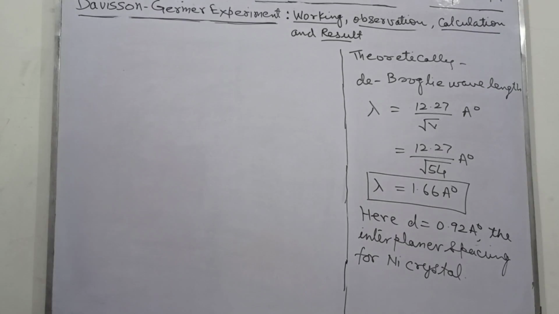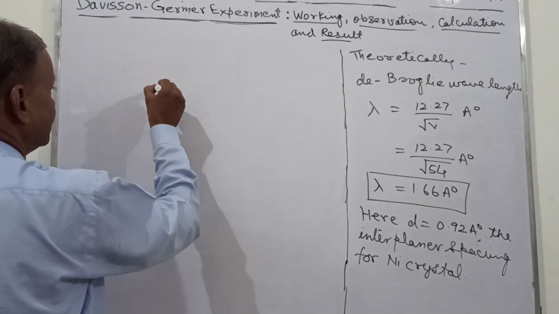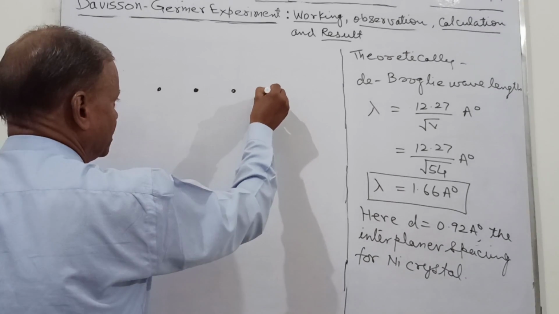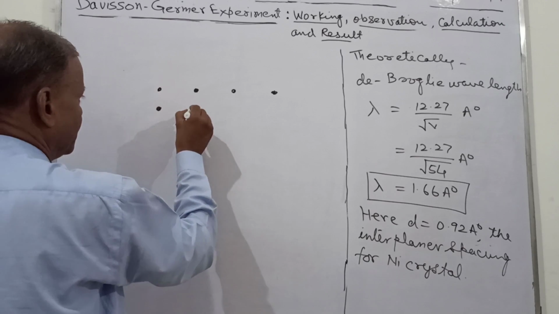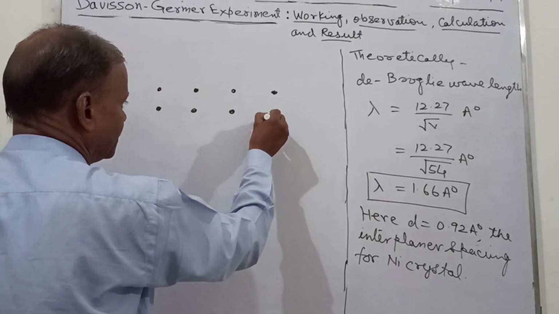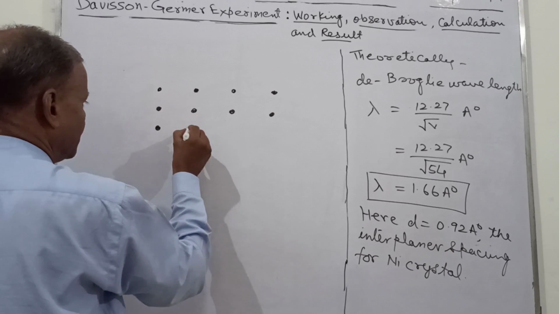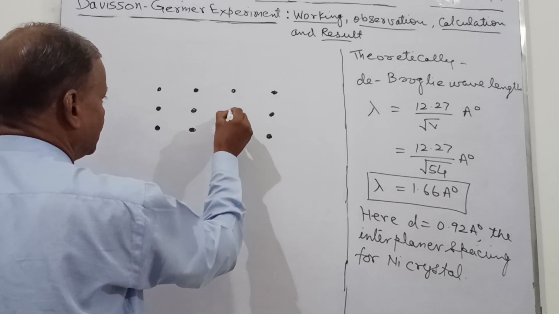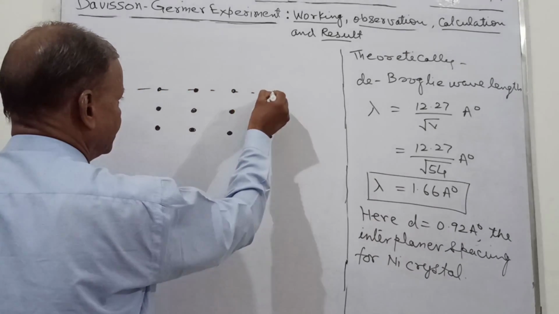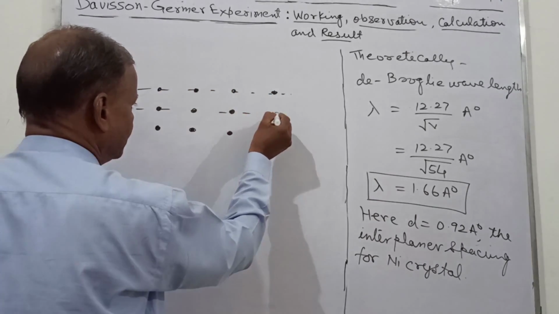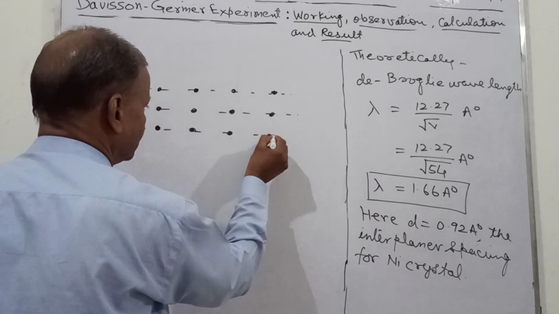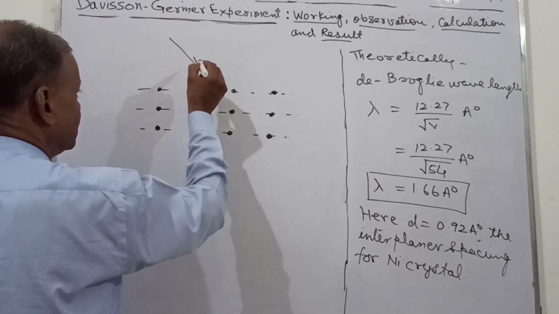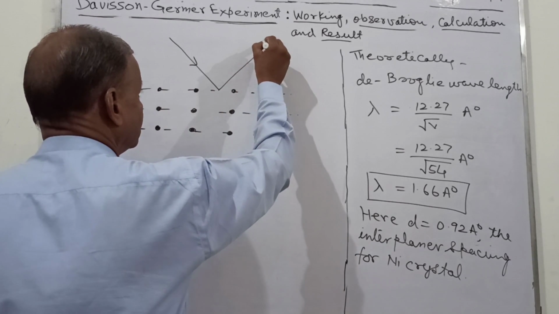So how I have shown this is like this. Suppose this is your atomic lattice. This is the first plane, this is the second plane, this is the third plane. So what I have is that this is incident and this is diffracted.